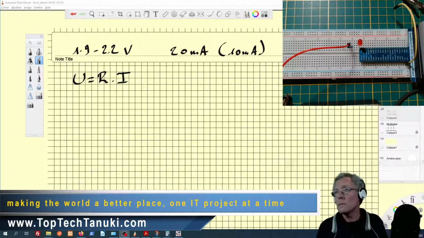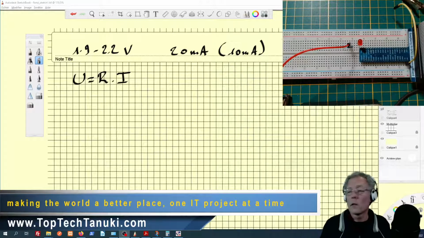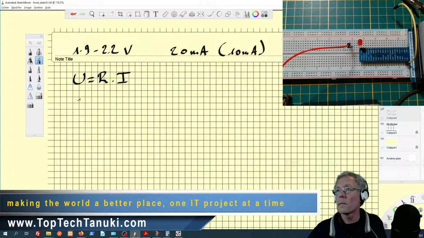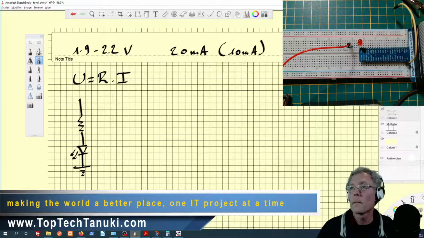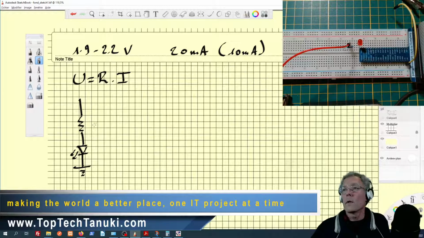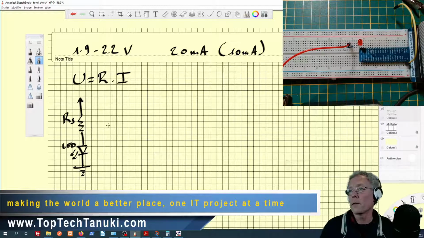More specifically, if we have a circuit with a resistor here and an LED going to the ground, a little light emitting diode here, and a resistor here with a plus here.